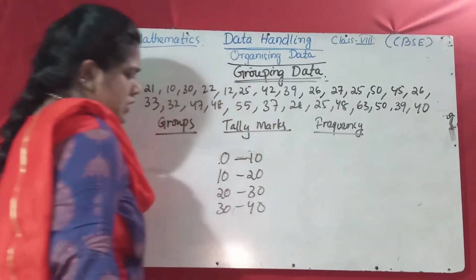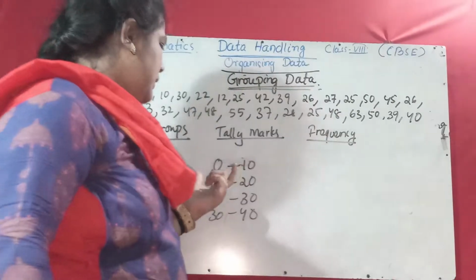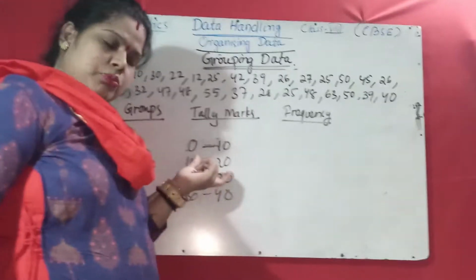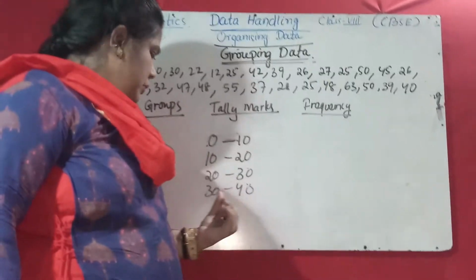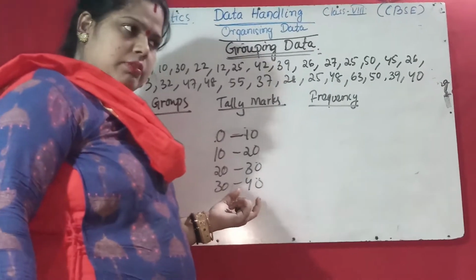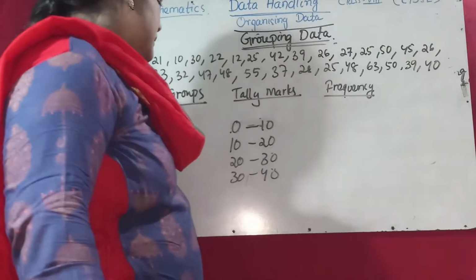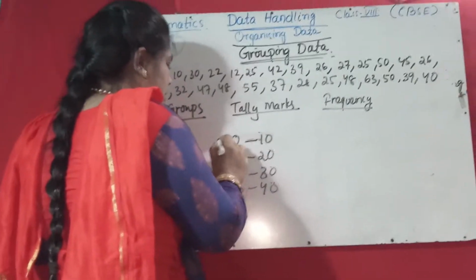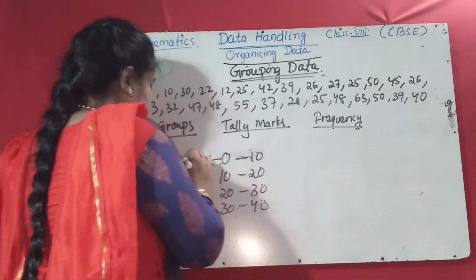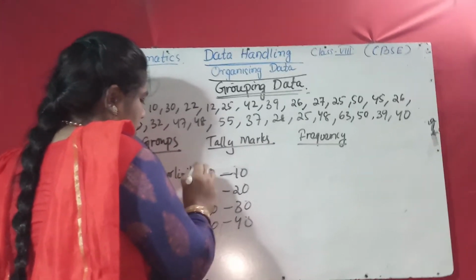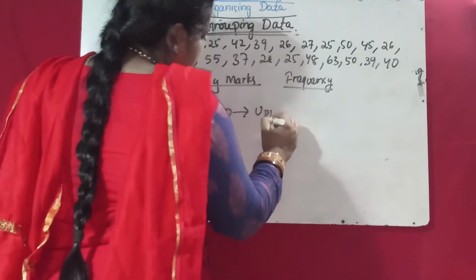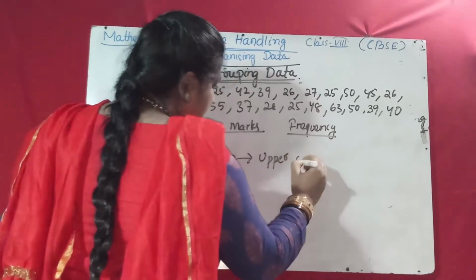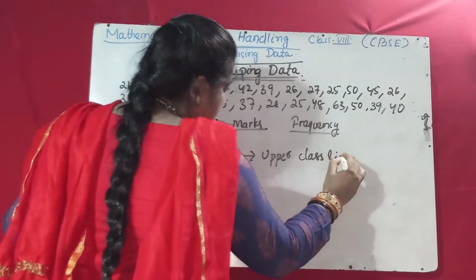So this is a group. That means the numbers between 0 to 10 will come in this group, 10 to 20 will come in this group, 20 to 30 in this group, 30 to 40 in this group. In this group, 0 is called the lower class limit and 10 is called the upper class limit.